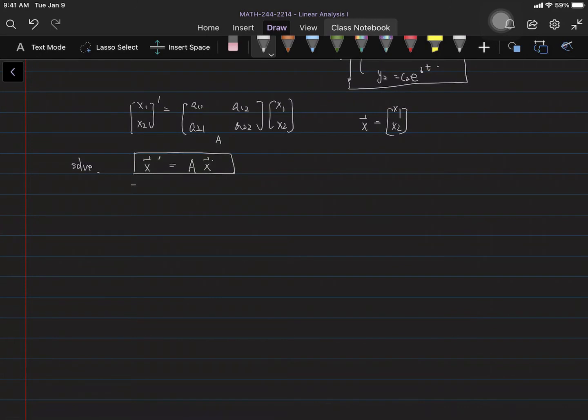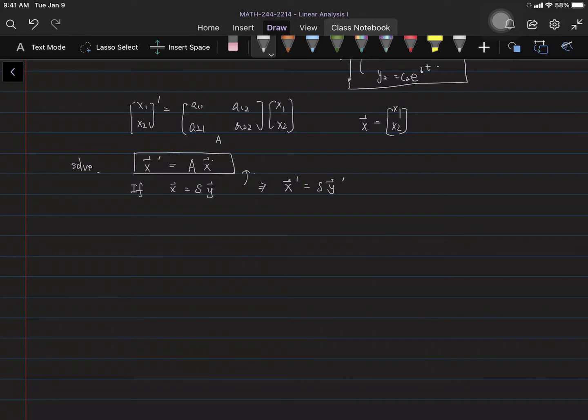Now let's see, if x equals Sy, we want to do some transform. We plug this into the differential equation and see what we get. From here we know x prime equals S y prime.